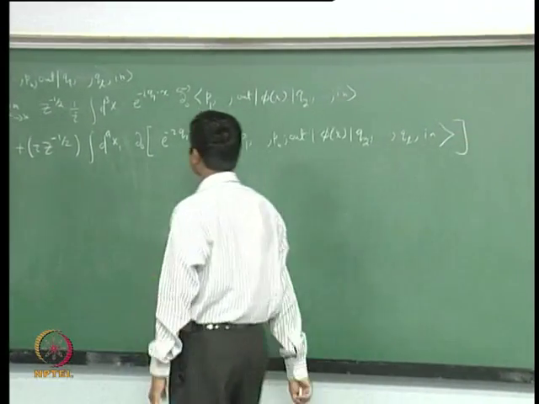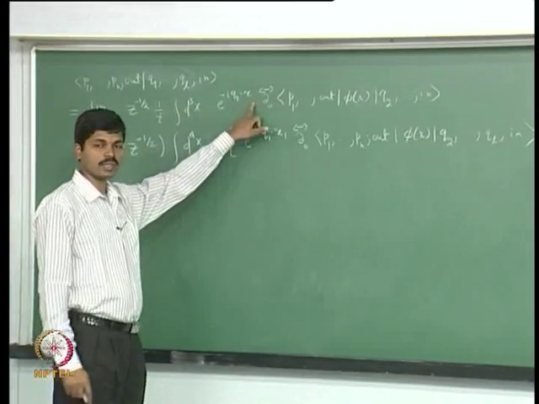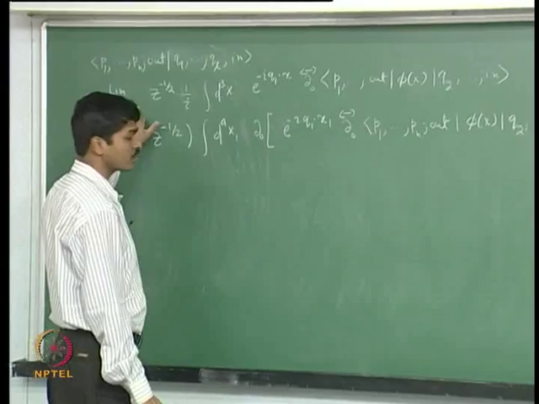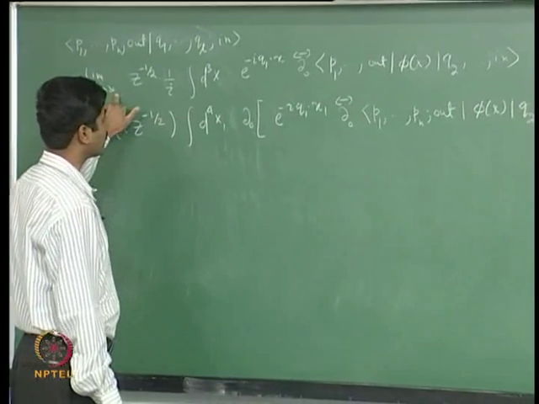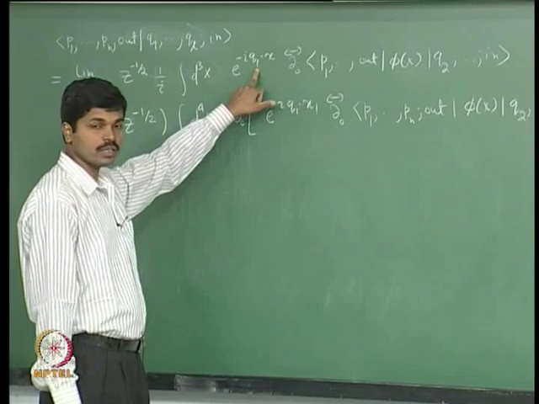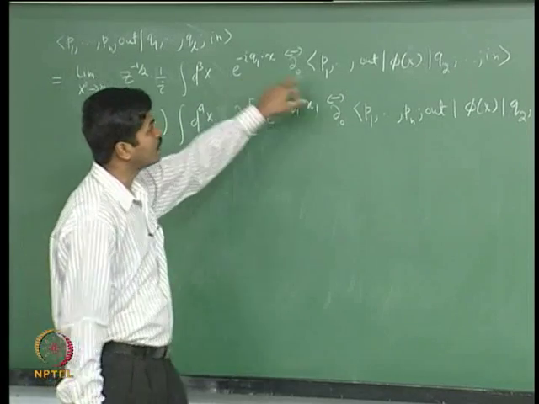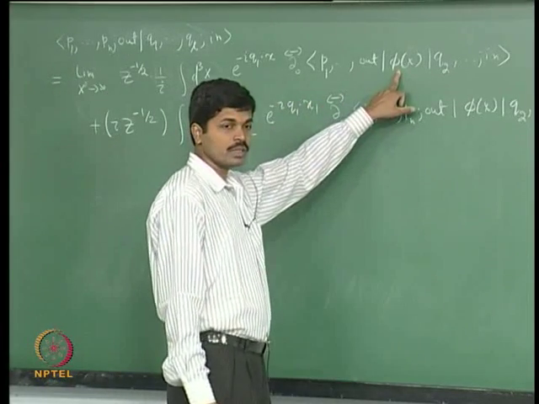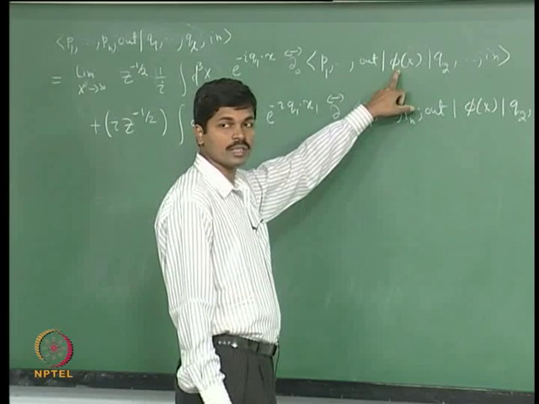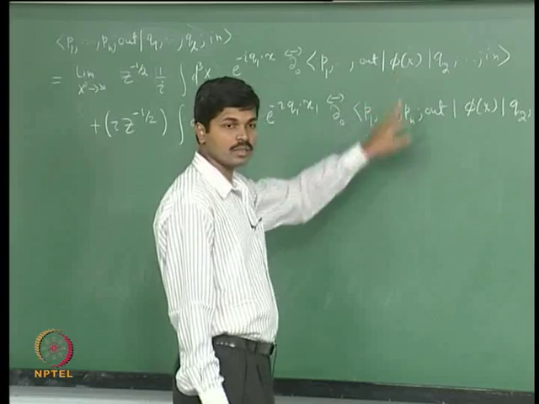Now, let us concentrate on the first term first. In the first term, you take the limit x0 tends to plus infinity. So, therefore, again you can consider this integration here, and this will give you a dagger out q1, right.